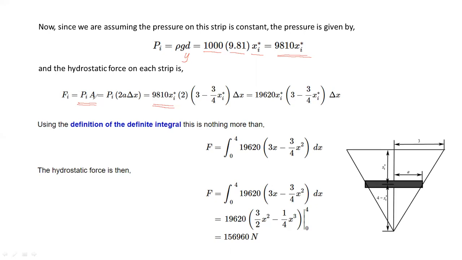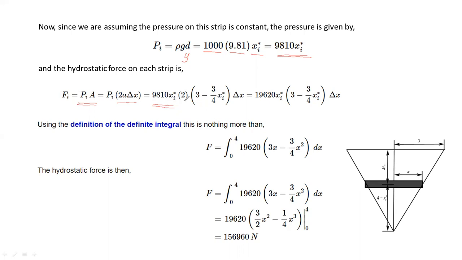What about the area? The area of this thin horizontal strip would be 2a times the delta x. This is the delta x. In the usual representation, it should be delta y. So you could see here that you have 2a delta x. Okay? Now, we copy the 9810 x sub i in here.